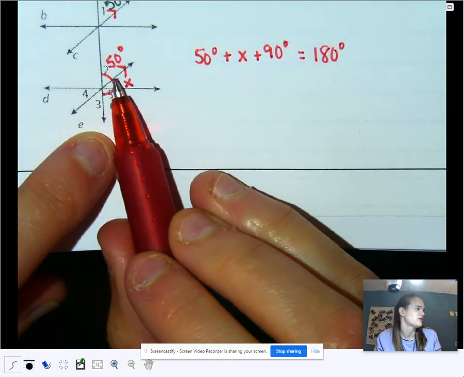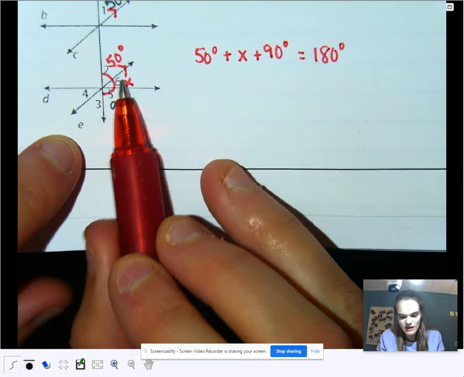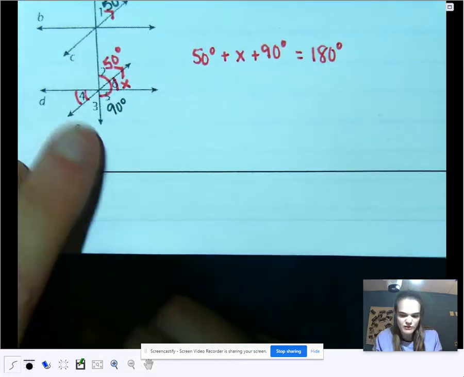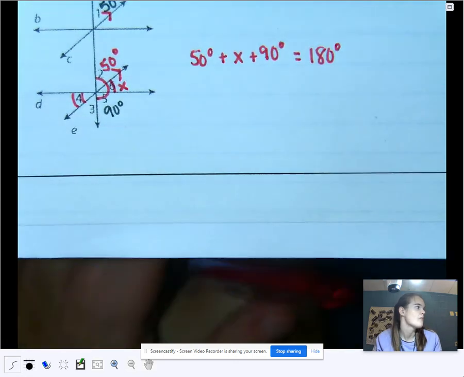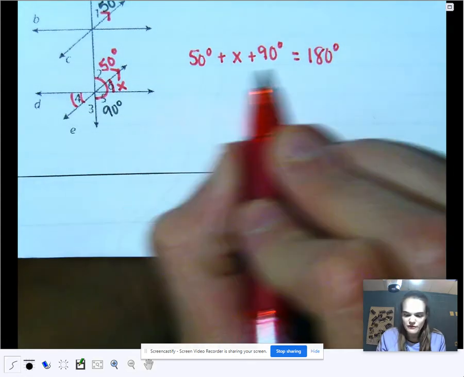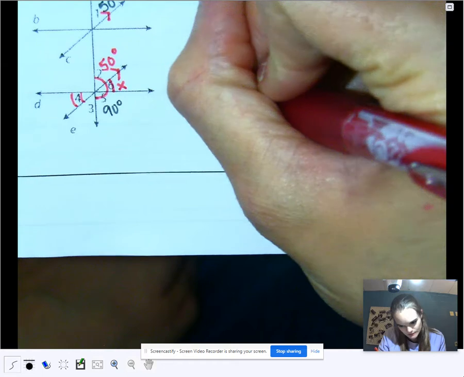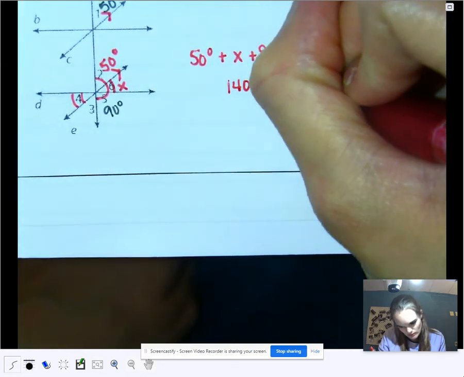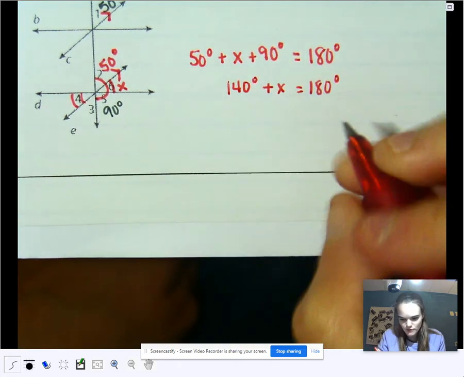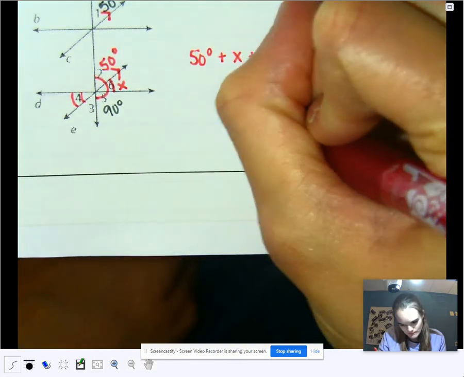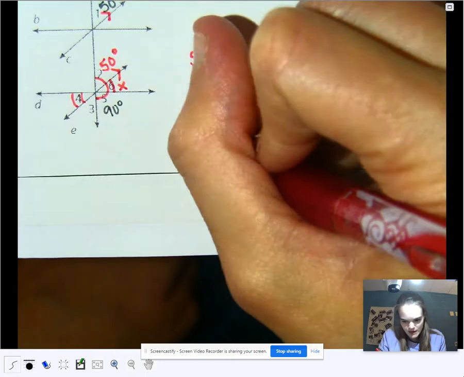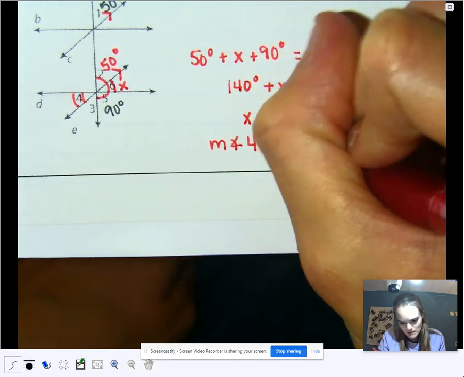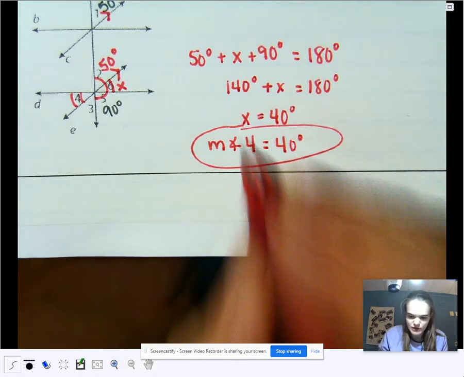Here's why I want to find the measure of angle 6. 6 and 4 are vertical, which means if I find 6, I know 4. 50 plus 90 is 140. Subtract 140. X equals 40. And then we're going to actually write the measure of angle 4 equals 40, because they're vertical, so they're the same.